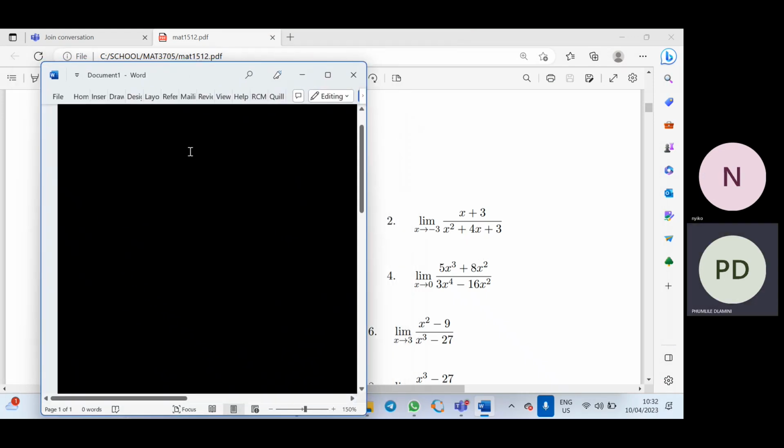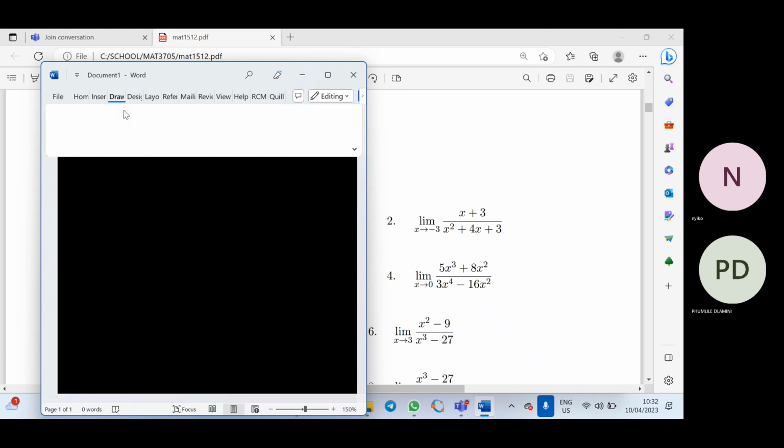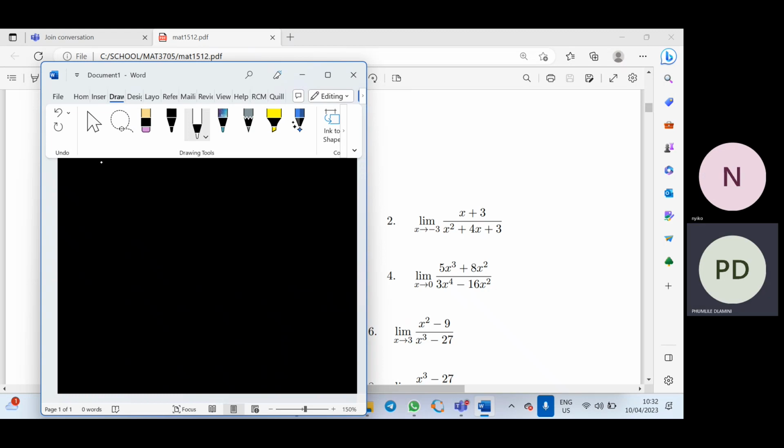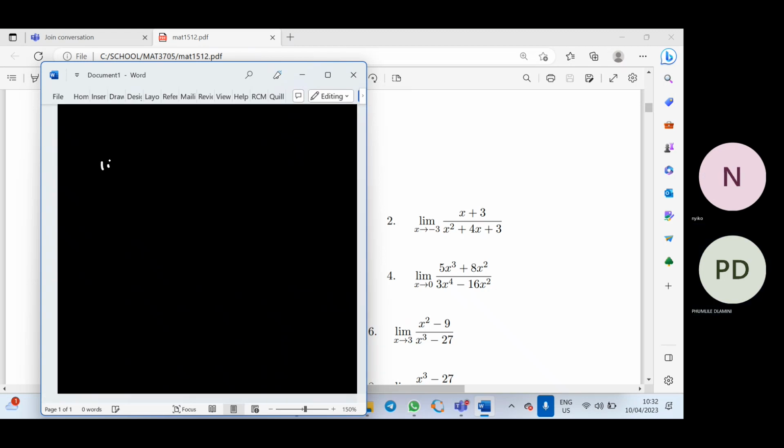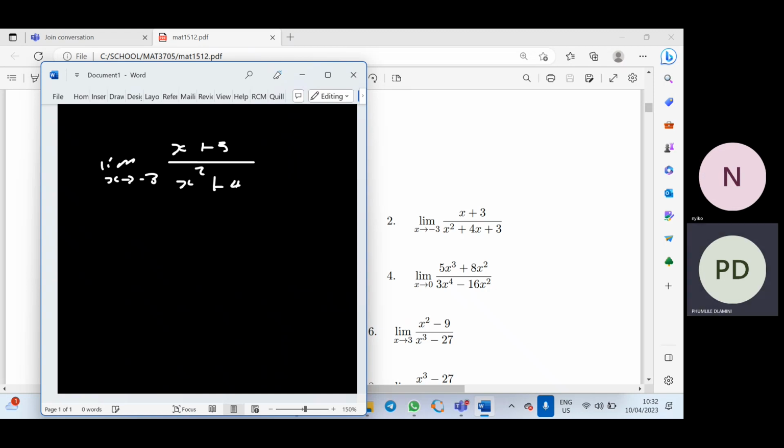It says limit when x approaches negative 3 of x plus 3 over x squared plus 4x plus 3.